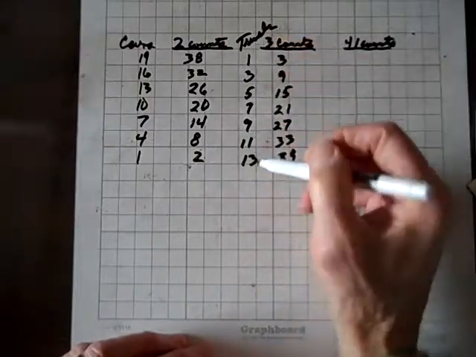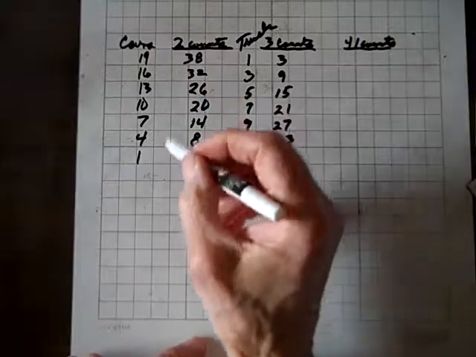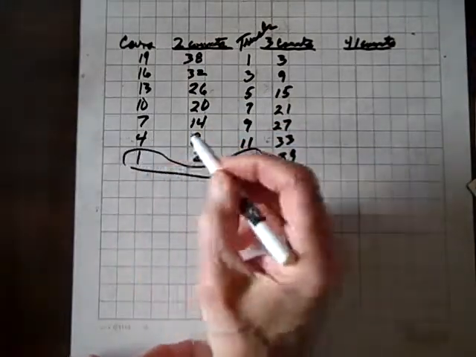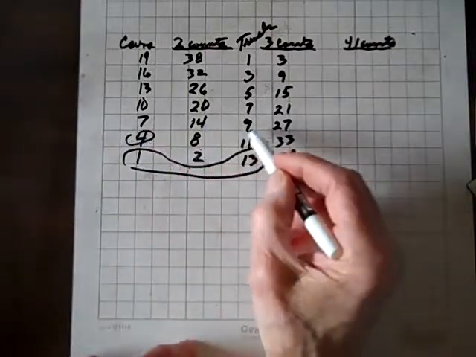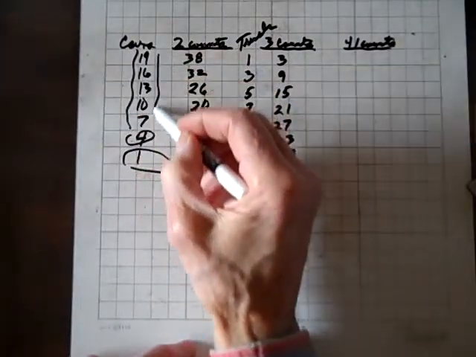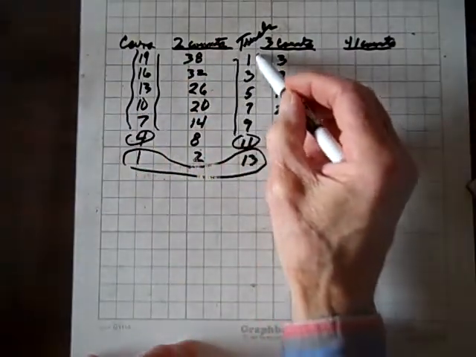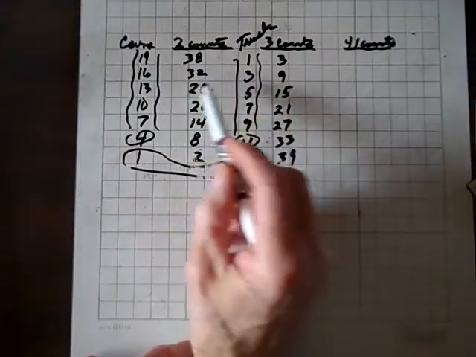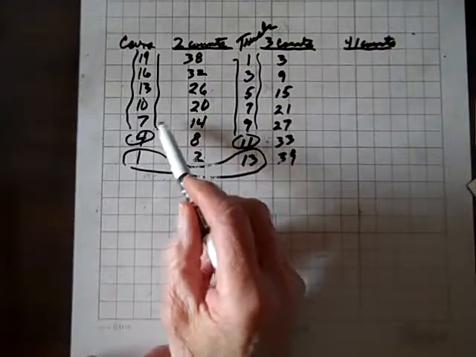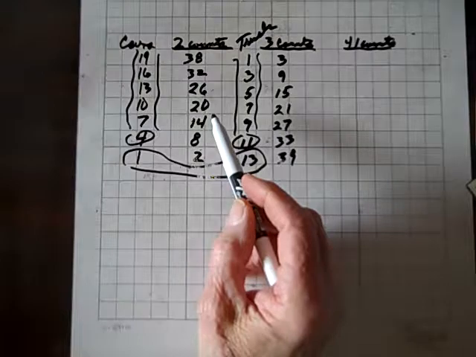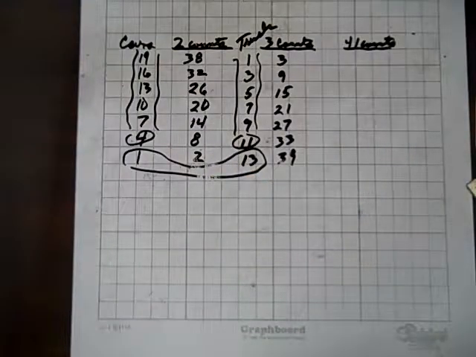I should have kept track of that. So anyhow, there's our combinations. 1 and 19, 4 and 16, 7 and 13, 10 and 10, and so on. Does that answer our question, how many cars and light trucks? Yeah, those are our combinations that work. And we're done with that one.